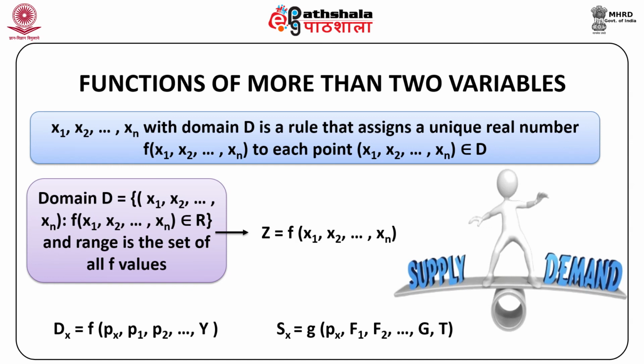Sx is equal to g(px, f1, f2 till gt). In economics, domain is often restricted to positive values of the variables for most economic variables. Negative values make no sense.